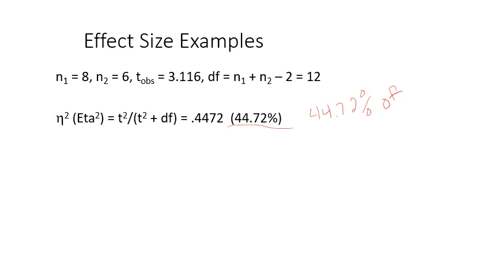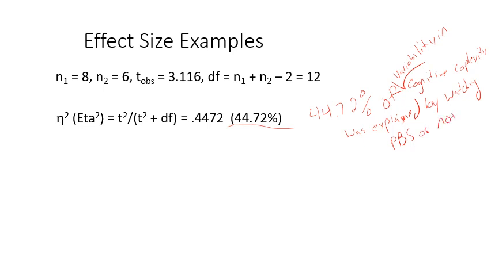That's what it was. So 44.72% of variability in cognitive complexity was explained by watching PBS or not.